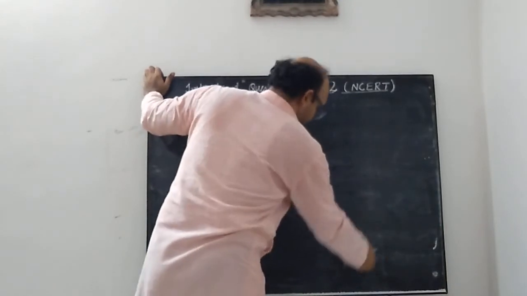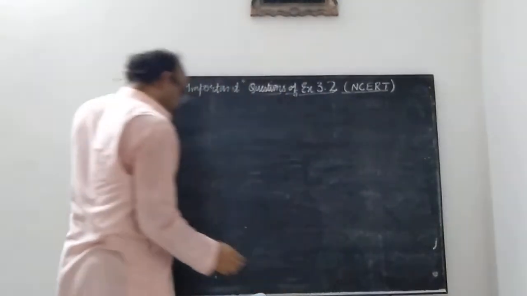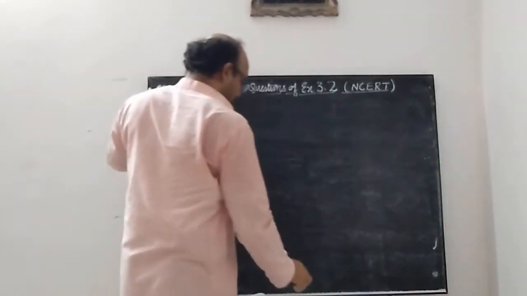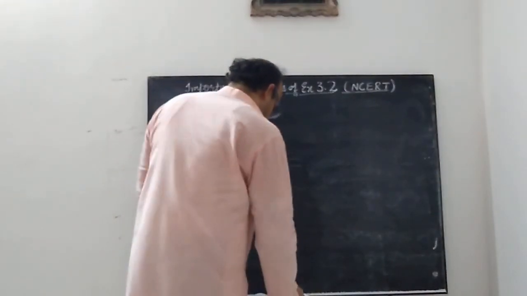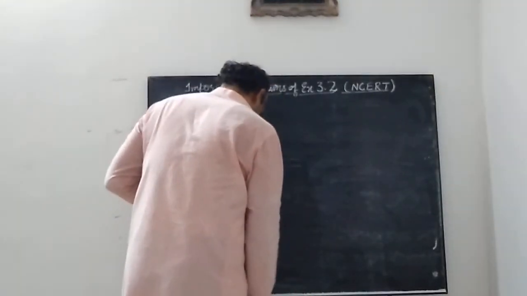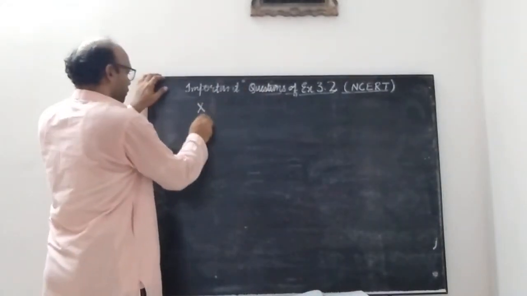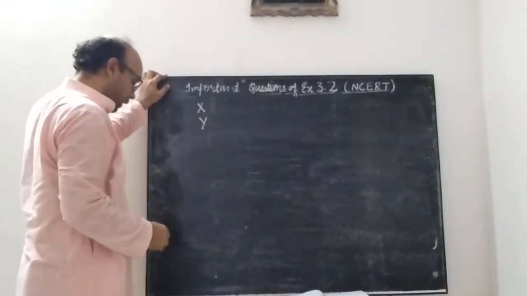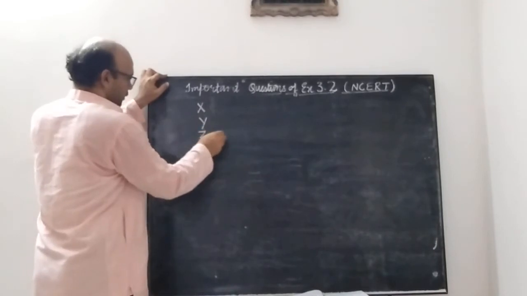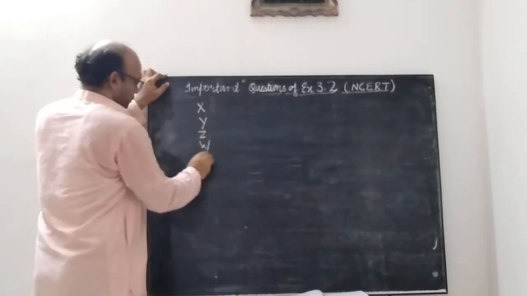Now we just move on to the last two questions, 21 and 22. What they give you is basically the order of the matrices, and it simply says that the orders of the matrices X, Y, Z, W, P are given.